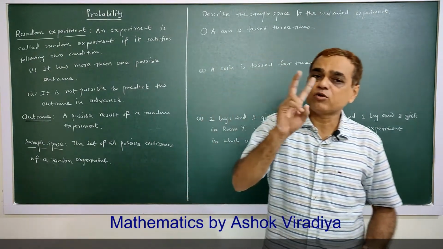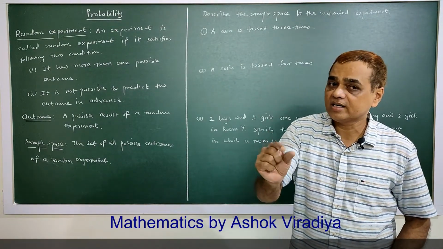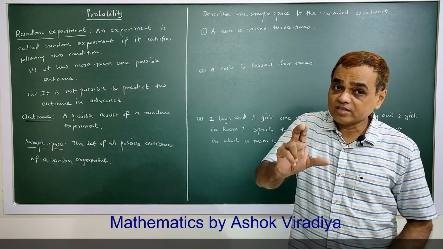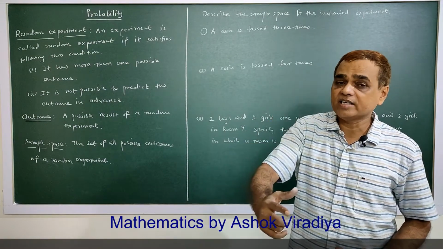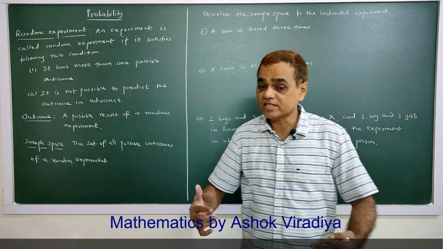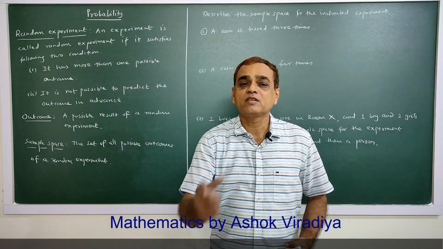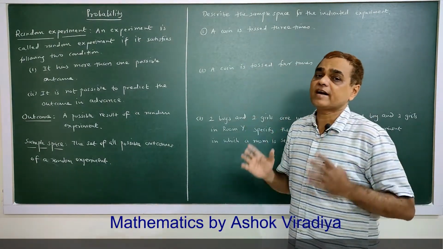There are only two possible outcomes, either head appears or tail appears. So possible outcomes we can say in advance, but exactly which will occur can be seen only after performing the experiment. Every such experiment is said to be a random experiment.